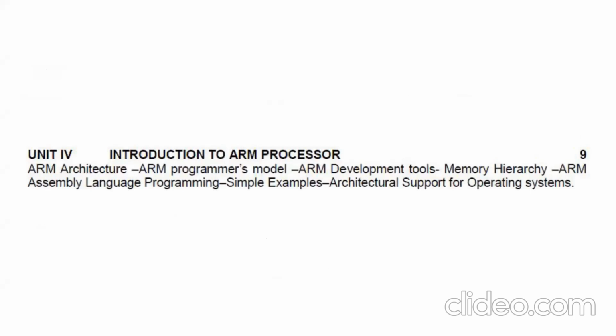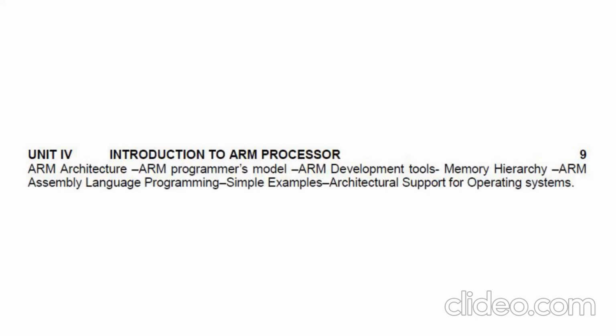Initially, we'll be going with this fourth unit, and in my upcoming videos, I'll be adding the remaining 4 units' topics. This will be very useful for persons having a first time experience with this subject, and it will also be very easy when you are going to prepare your subject during the 11th hour. That means before the examination, when you are not able to understand a concept, this will be very useful.